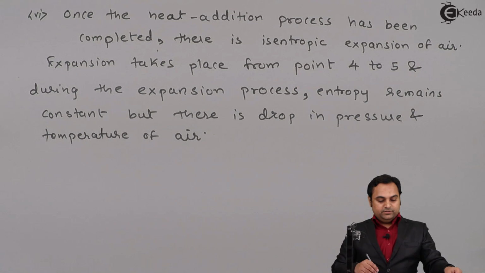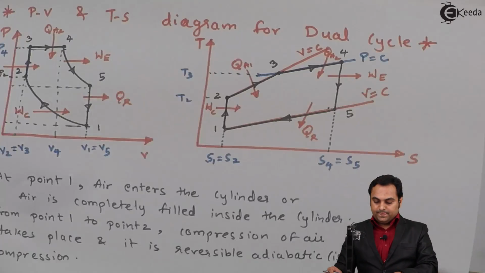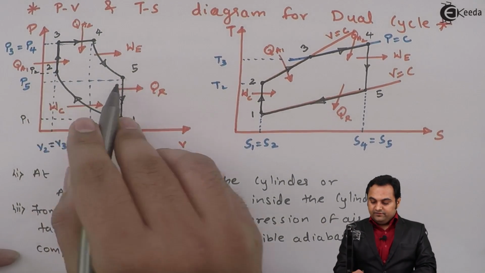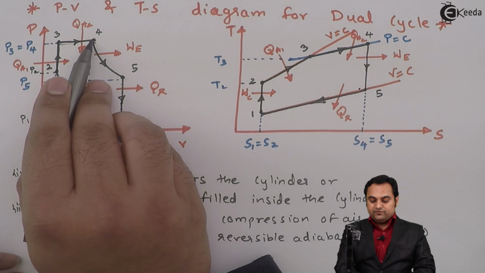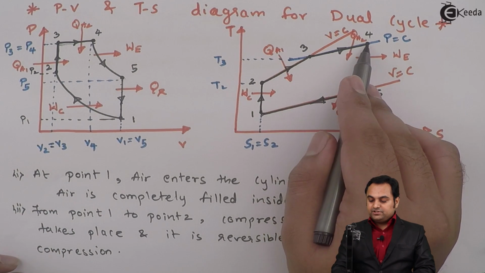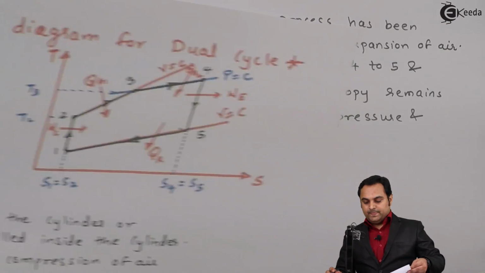So here we can say that during the process 4 to 5, entropy is constant, S4 is equal to S5, but pressure has dropped from 4 to 5 and even the temperature has dropped from 4 to 5.